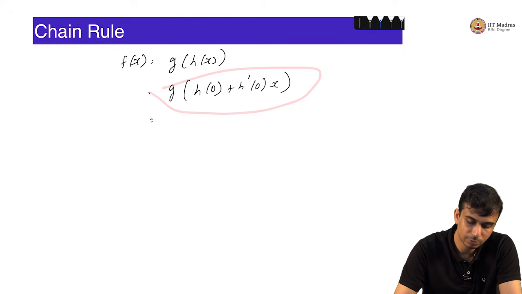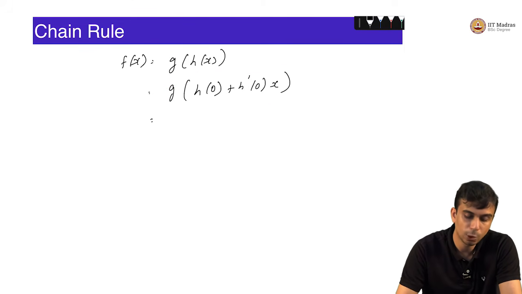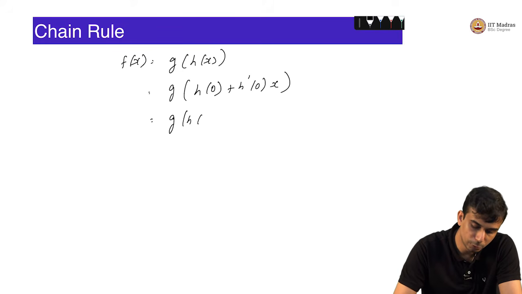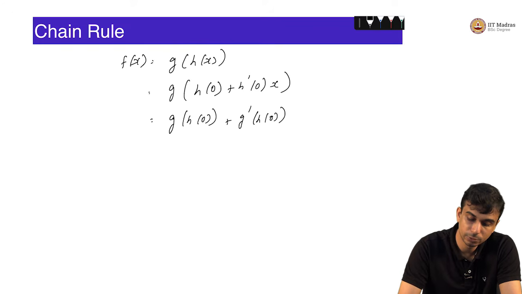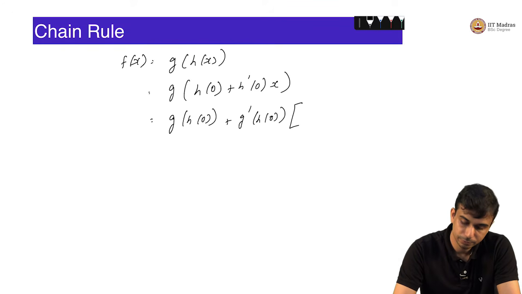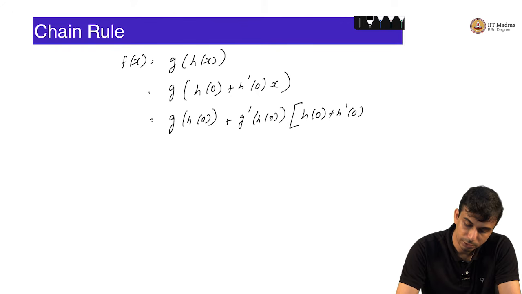using a linear approximation of g around h of 0, which would be g of h of 0 plus g dash of h of 0 into h of 0 plus h dash of 0 x minus h of 0.